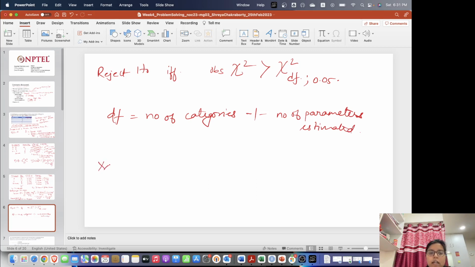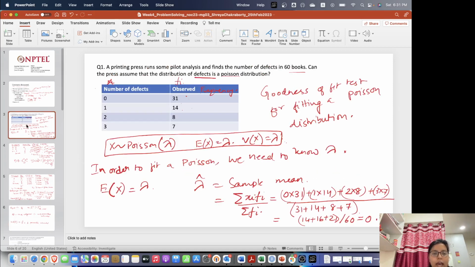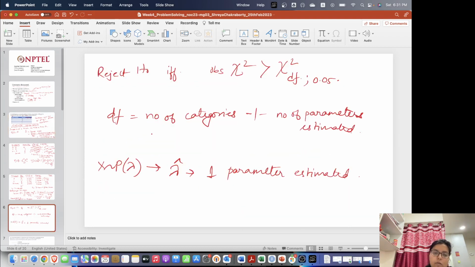So here we fitted Poisson and we got an estimate of lambda, so 1 parameter estimated. So the degrees of freedom would be, we had 1, 2, 3, 4 categories, so this will be 4 minus 1 minus 1, that is 2.